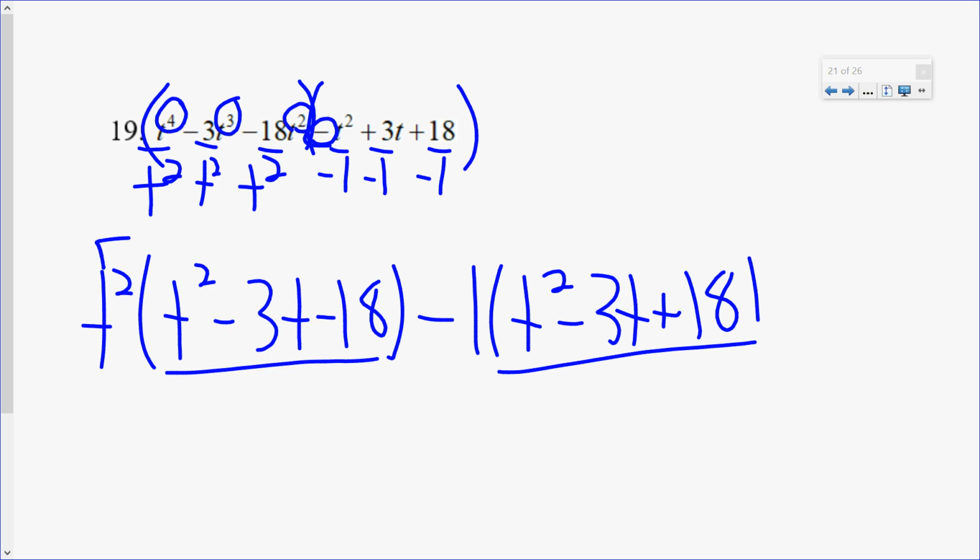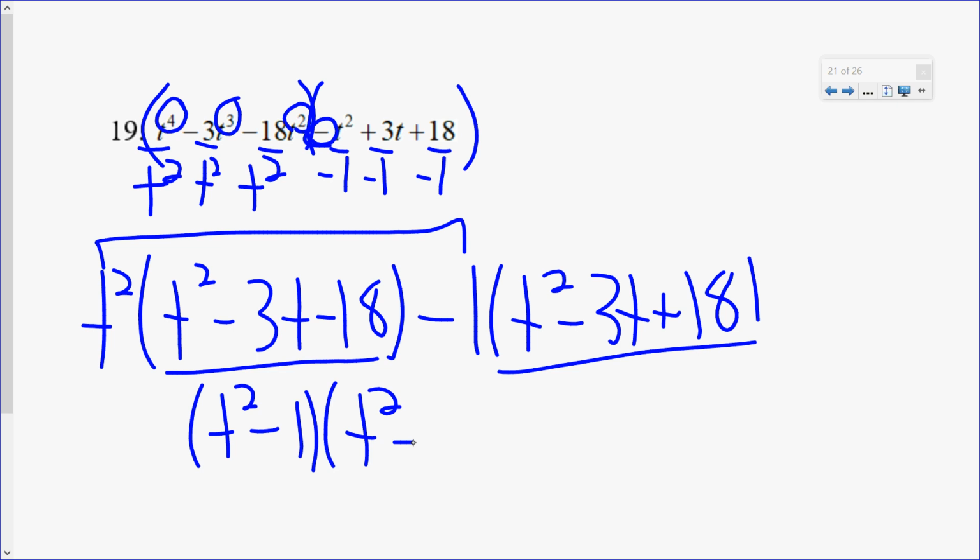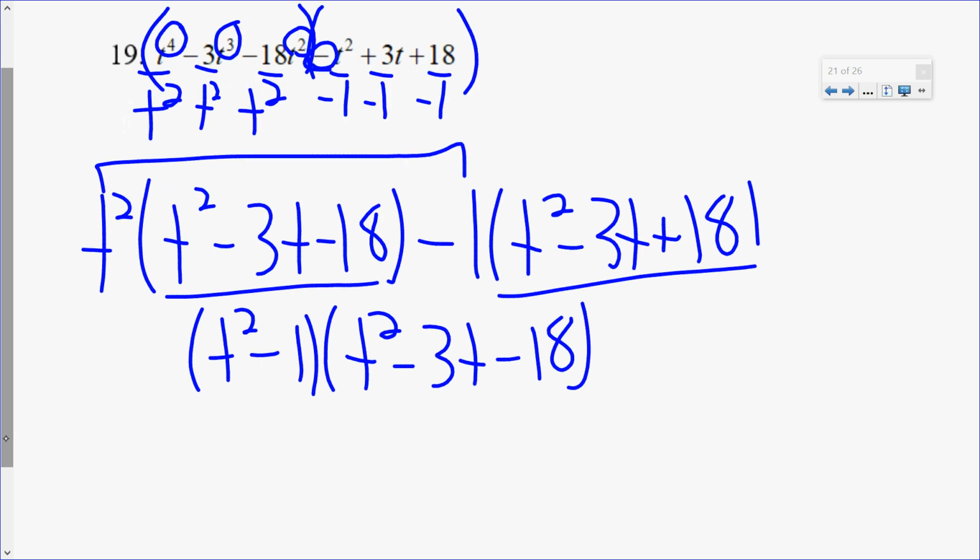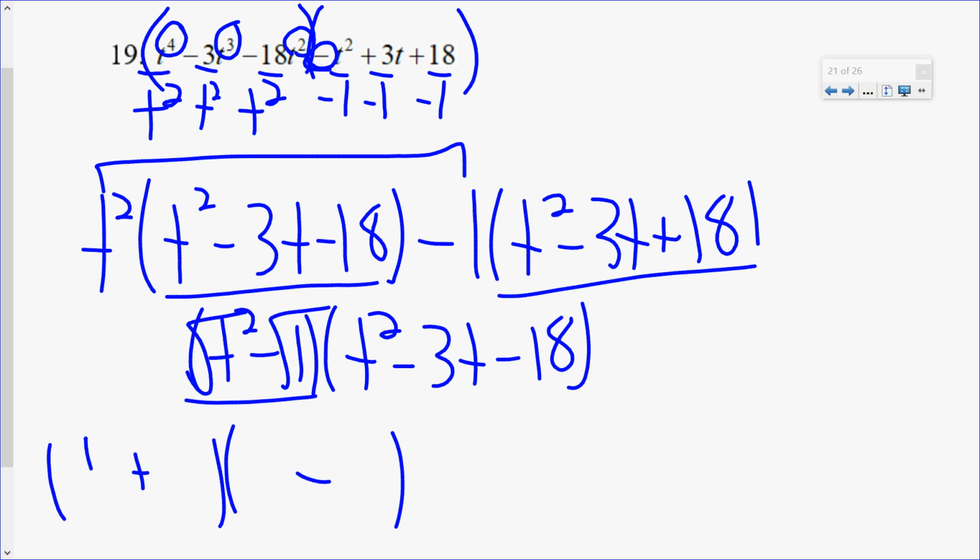That's step 1 of grouping. Step 2, combine my coefficients. T squared minus 1. I keep the like term, t squared minus 3t minus 18. Can I factor further? Well, yeah, I see dots right here. 2 sets of parentheses, plus and minus, square root of each, t and t, 1 and 1.